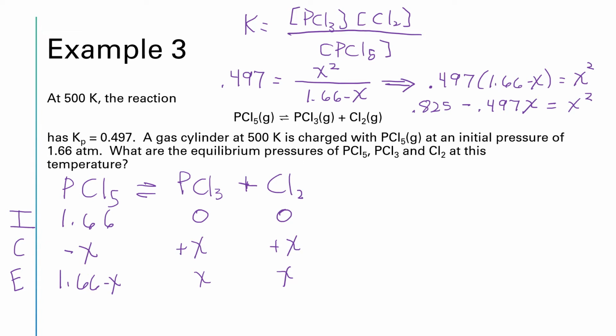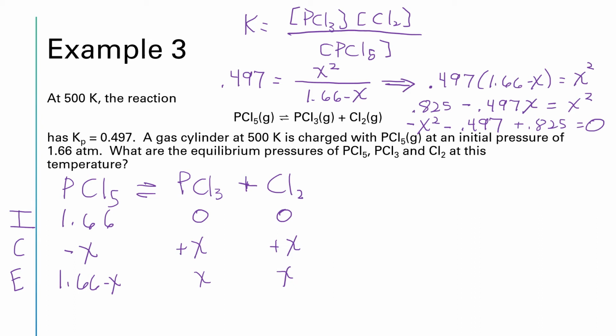So since I already have two of those terms on the left-hand side, I'll just move the last one over to the left-hand side as well. That'll give me negative x squared minus 0.497x plus 0.825 is equal to 0.